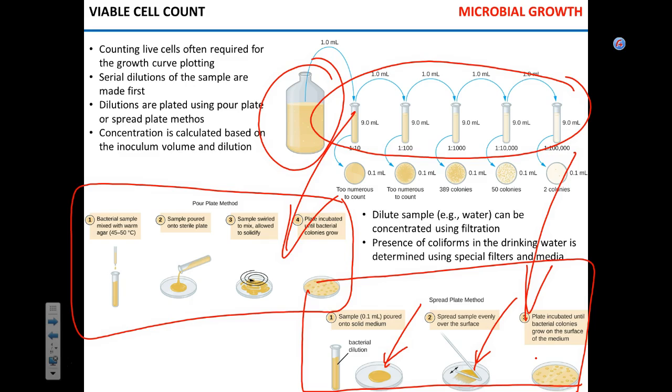So if I tell you that turbidimetry is extremely prone to operator bias, is that true or false? Turbidimetry, when you measure optical density, you measure it in the machine. So you stick something in the machine, it gives you a number. Is there any bias from you? No. When you count cells, is there a bias from you? Yes. When you count colonies, is there a bias from you?